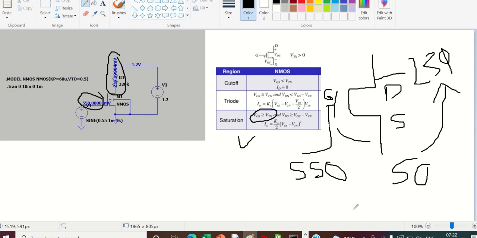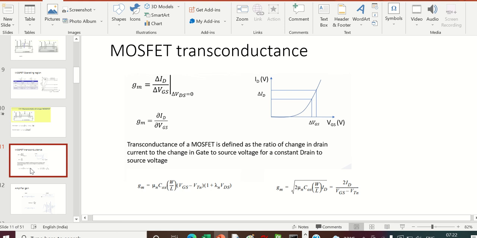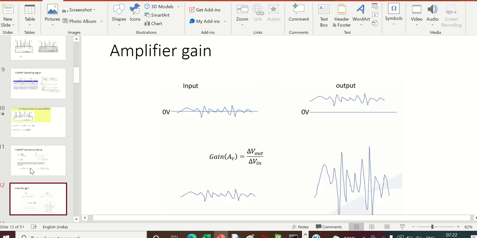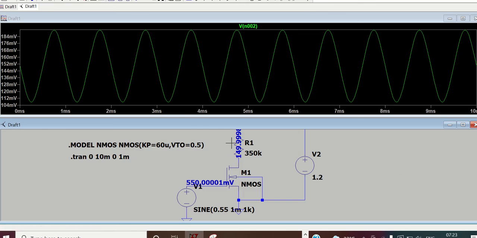Now next, we will go further. So today's second assignment is clear. Hopefully you should do this amplifier and check. When you are pressing, if there is a black color mark, that means you are measuring current.